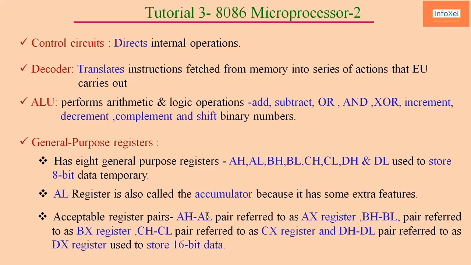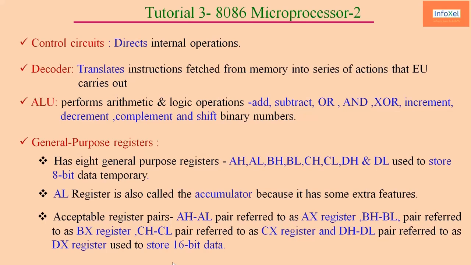Next, some acceptable register pairs in the case of general purpose registers: AH and AL can be paired, and it is referred to as the AX register, and we can pair BH and BL, which is referred to as the BX register. Similarly, we can pair CH and CL, referred to as the CX register.